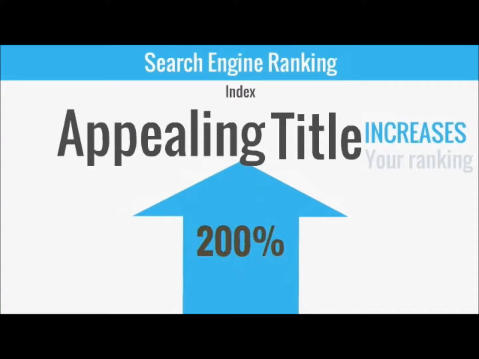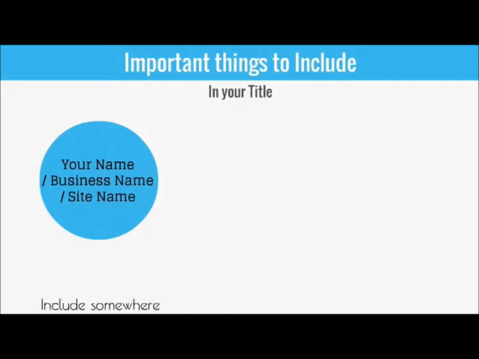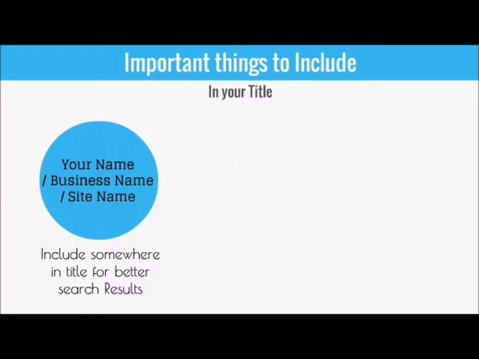Also for search engines, in order to rank you above thousands of other similar websites like yours, there are some important things to include in your title, and they are your name, business name, site name. This is very important for branding purposes. If you feel that your customers may search you by your brand name, then it's also useful to put it somewhere in your title.